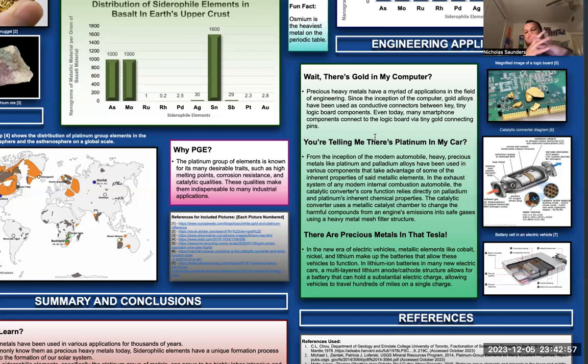And so the natural characteristics of platinum and palladium allow them to perform that catalytic process. And therefore, they are used in cars, and therefore, people steal them because platinum is cool.